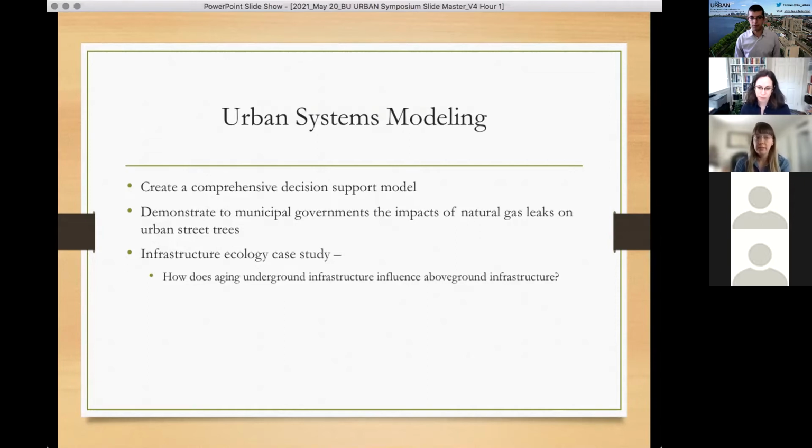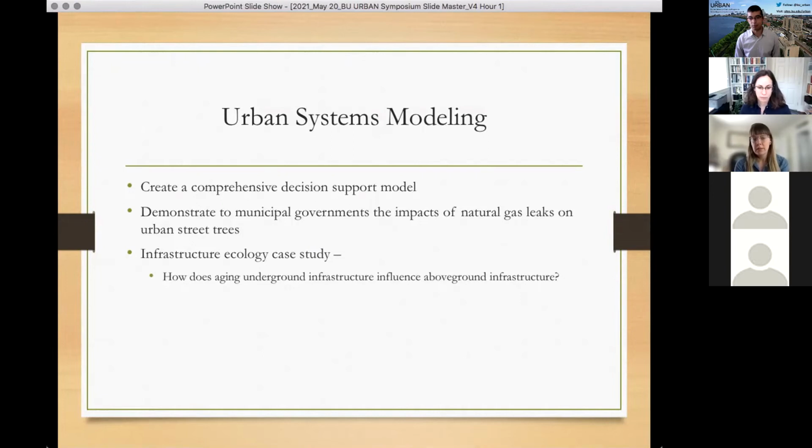So I've been working to attempt to provide a little bit more scientific support for activists working in this space, as well as creating some tools that hopefully will be useful for municipal leaders and decision makers in the world of energy transition at both the city and state level.